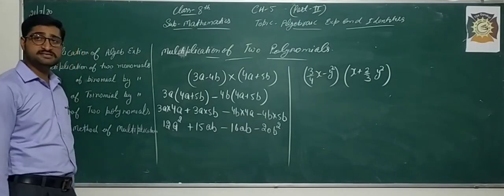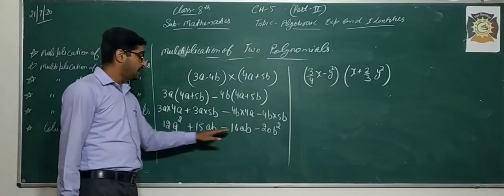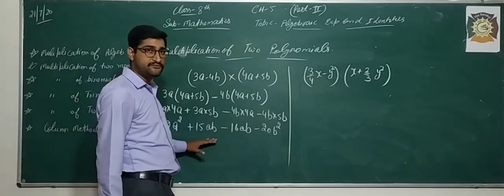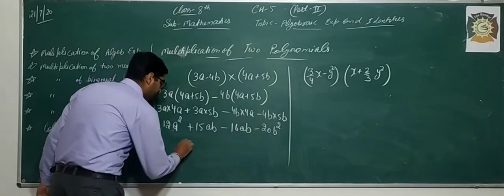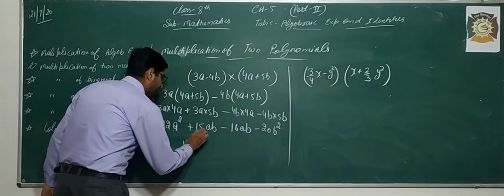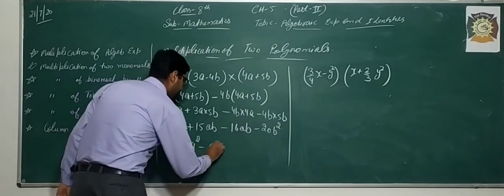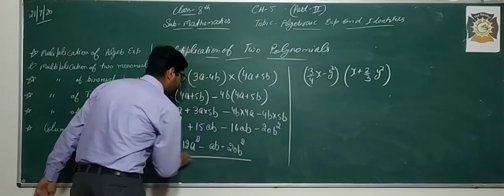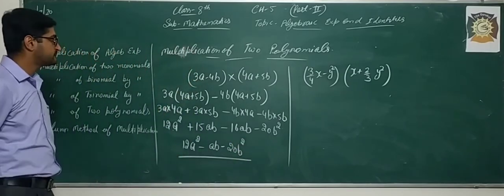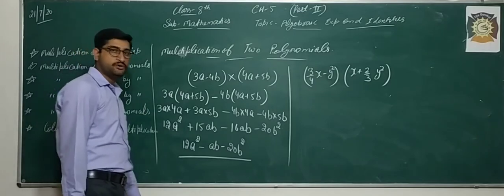But here you can see these two are like terms, and we can add and subtract like terms. So we will write it as 12a square minus ab minus 20b square. So this is the product of the two polynomials.